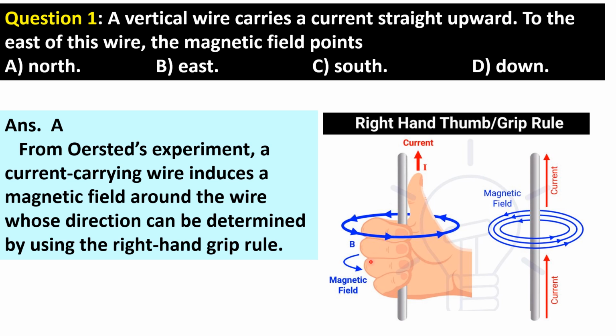But since the question is very specific, asking for the direction of such magnetic field at a point east of the wire, meaning at this point, or using the other illustration, we are looking for the magnetic field direction at this particular point, which is some distance away from the wire.